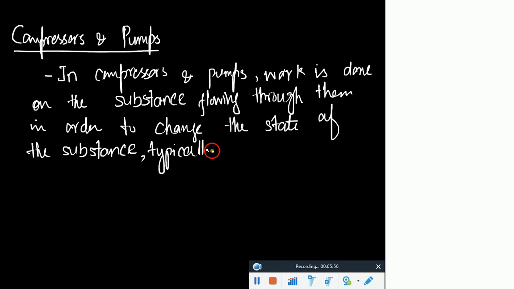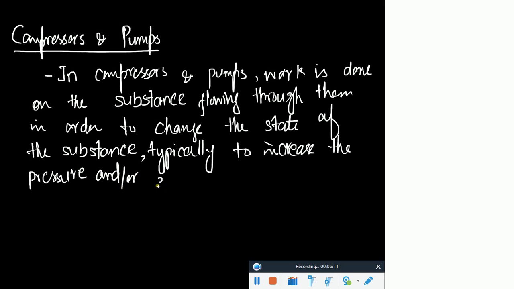And typically, how do you change the state? By increasing the pressure and/or elevation.